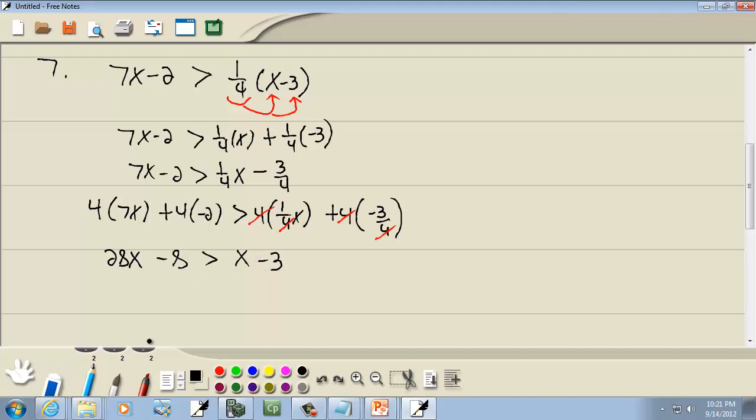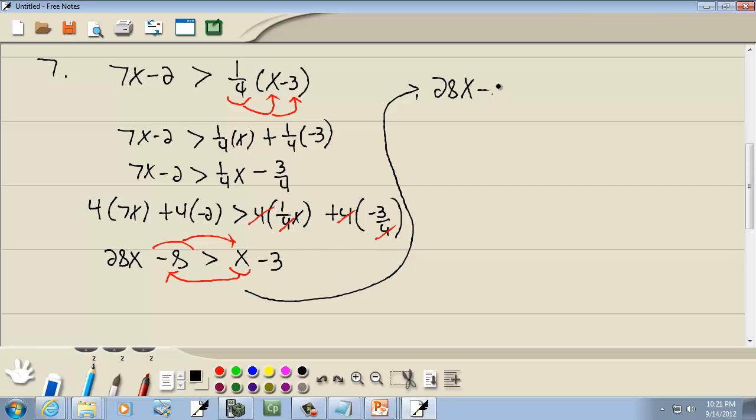Okay, third step. Get everything with an x on one side, numbers on the other. So I'll take this x, move it to the left side, and take the negative 8 and move it to the right. Anytime you take anything to the other side, the sign changes. So the positive x becomes a negative x. The negative 8 becomes a positive 8. Well, we want to combine together like terms at any step. 28x minus x gives us 27x.